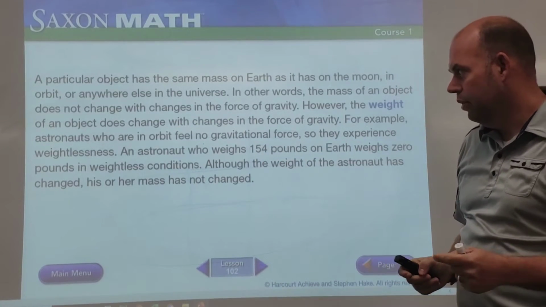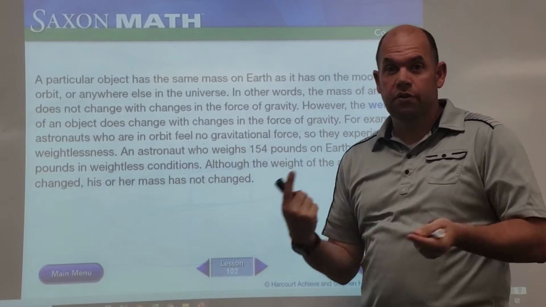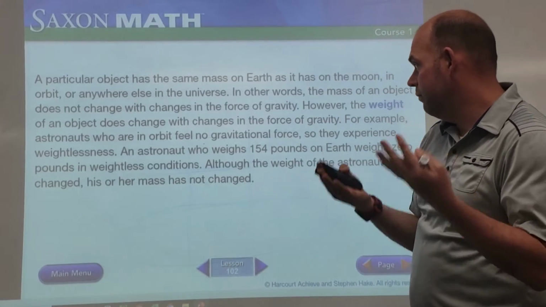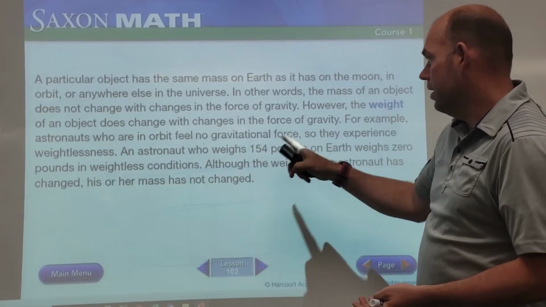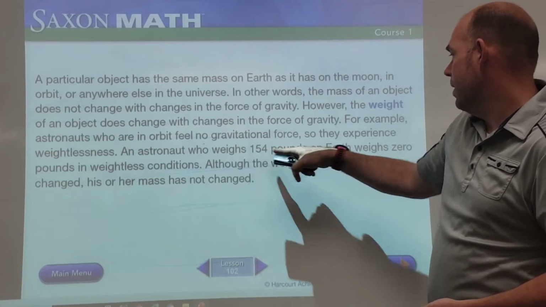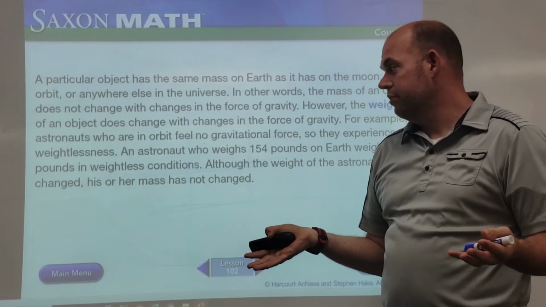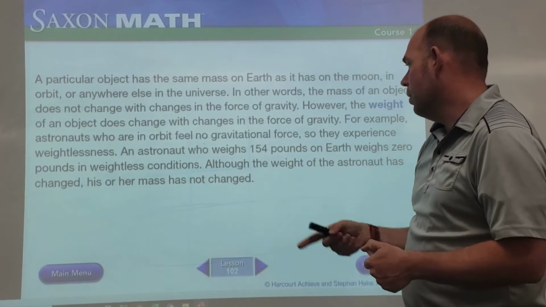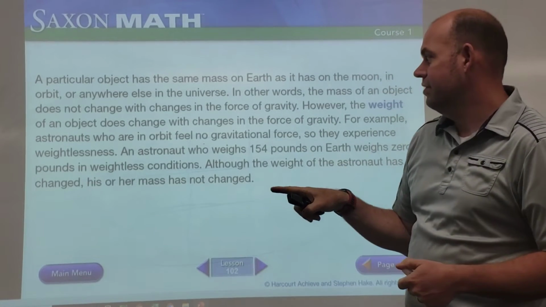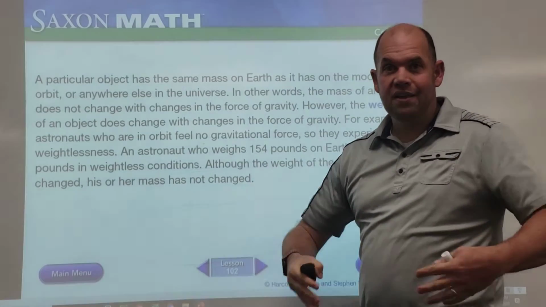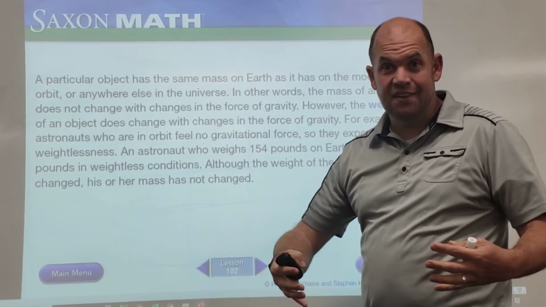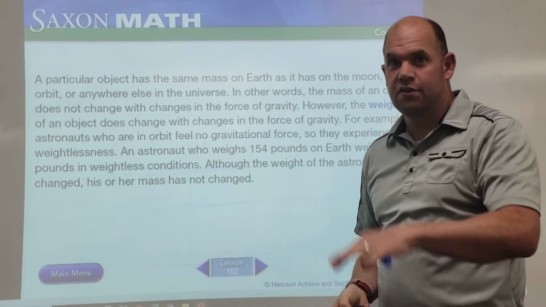Astronauts in orbit don't feel any gravitational force, so they experience weightlessness. An astronaut who weighs 154 pounds on Earth weighs 0 pounds in weightless conditions. Although his weight has changed, his mass has not. Mass is the space he takes up, but weight is the gravitational pull.